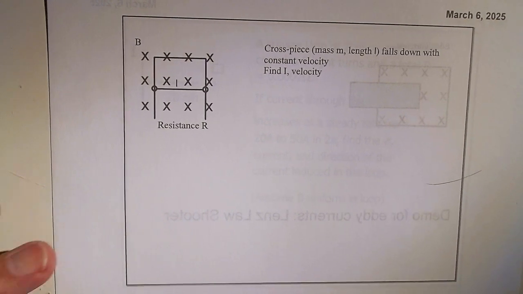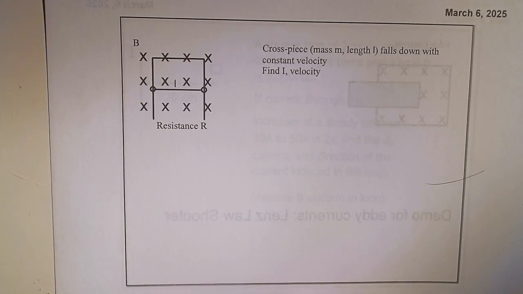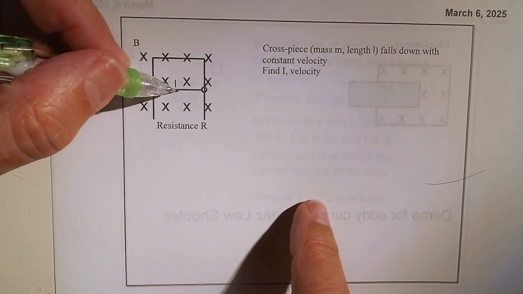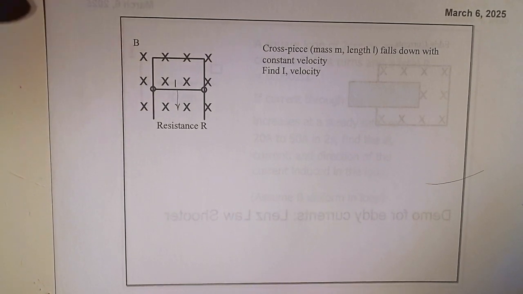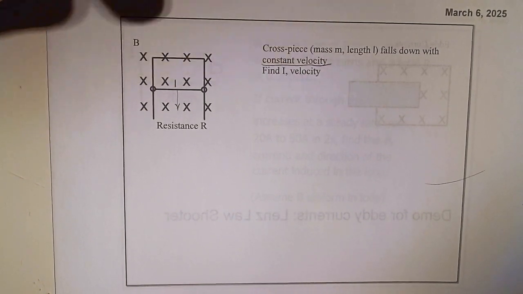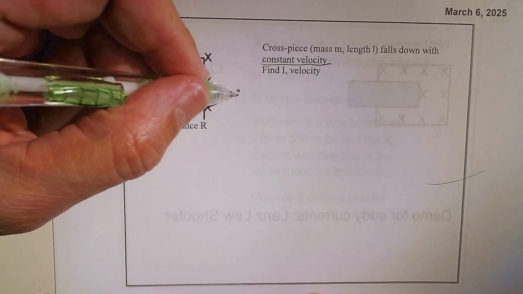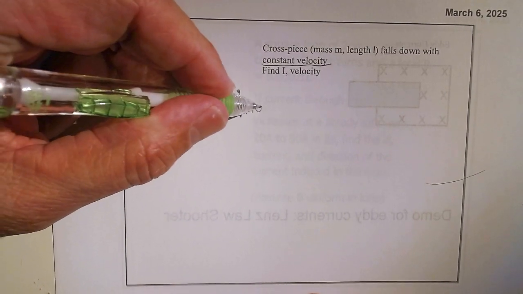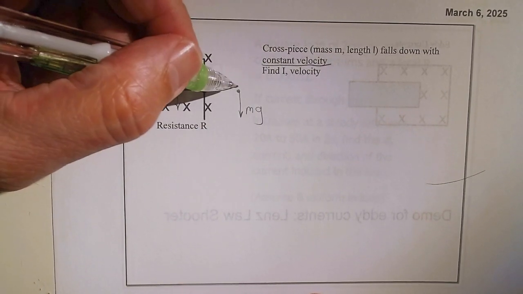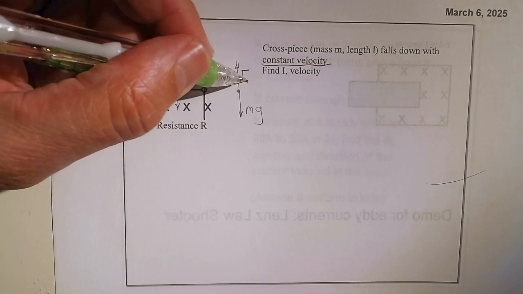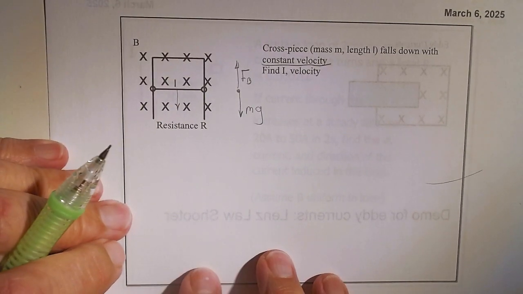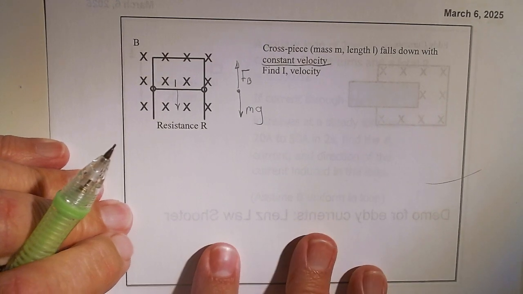Okay. Here's another problem that's kind of a classic problem in B fields. This is falling down with a constant velocity. Constant velocity, of course, means balanced forces. Falling down means we are actually talking about mg, and this means that the magnetic force on there has to be up.